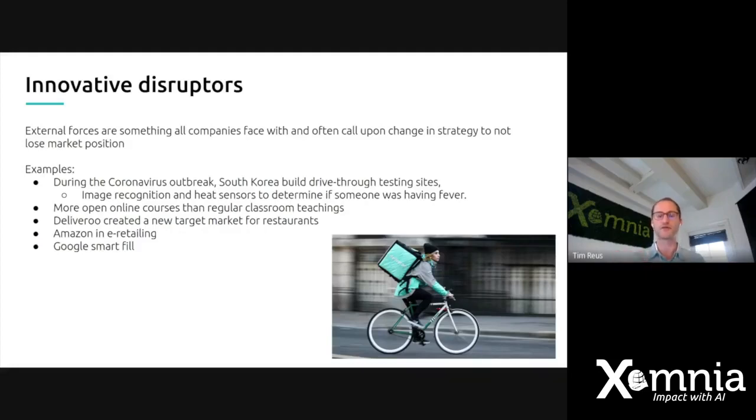Now they could provide their trainings, their lectures to everyone around the world, as long as you have internet, which allows them to get a whole new market out there. And Deliveroo has done actually the same thing, but then for the restaurant industry. They've opened up their limited space to the rest of the, well, city in this case.